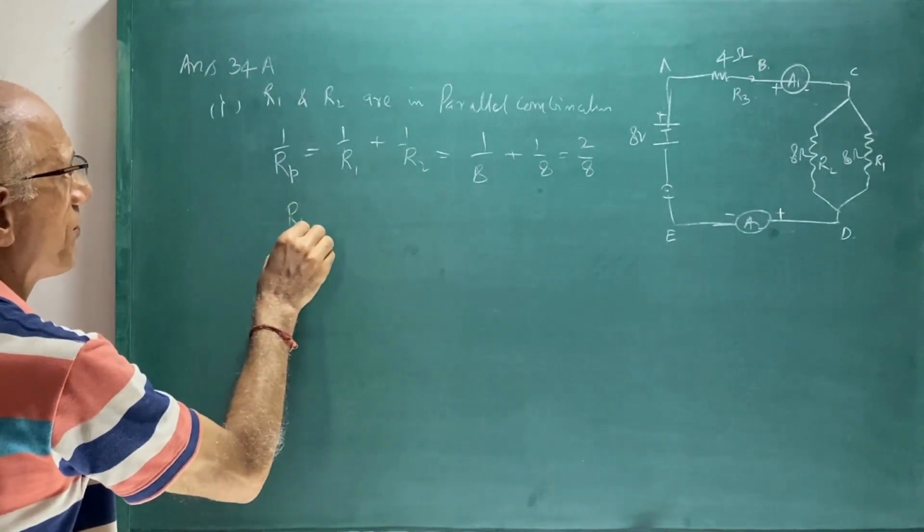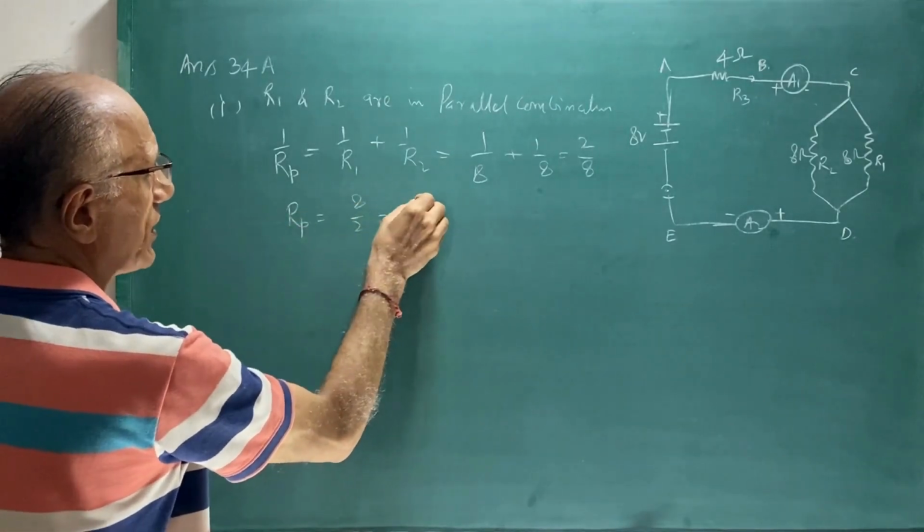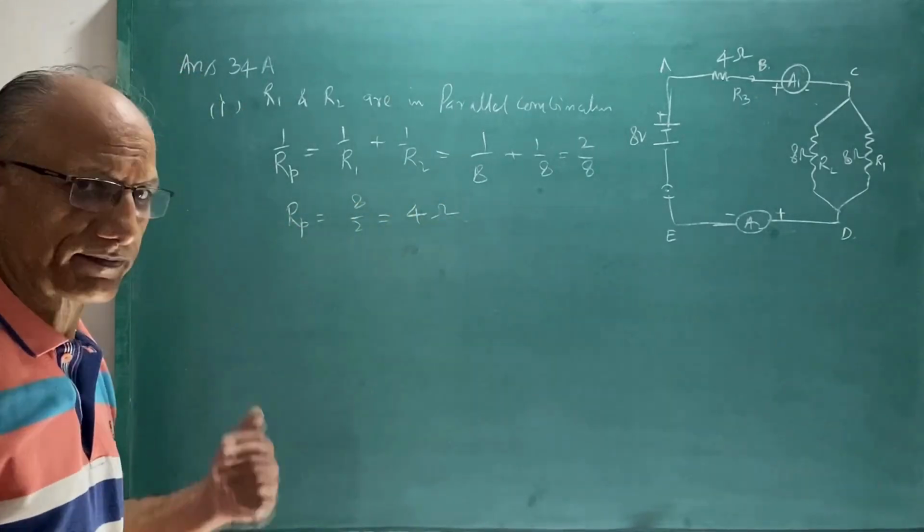So Rp equals 8 by 2, that is 4 ohm resistance.